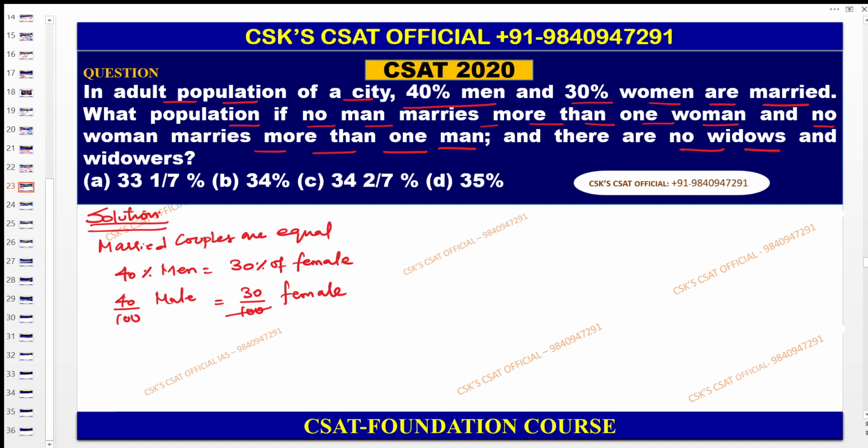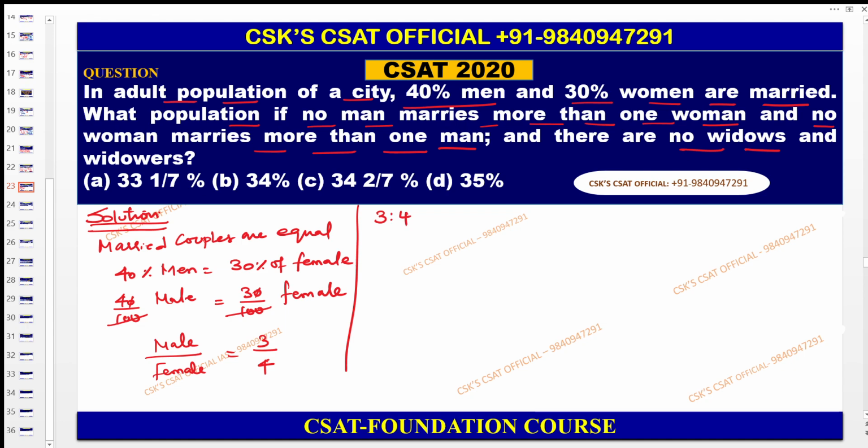Now cancel the 100 and the zeros. Find the male to female ratio. What is the male to female ratio? 3 by 4. So you have found the ratio as 3:4.